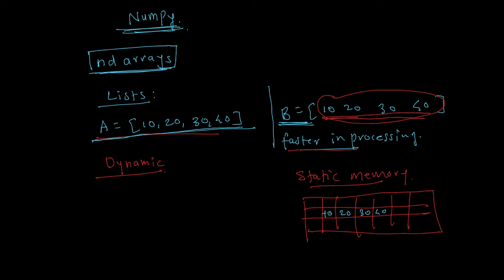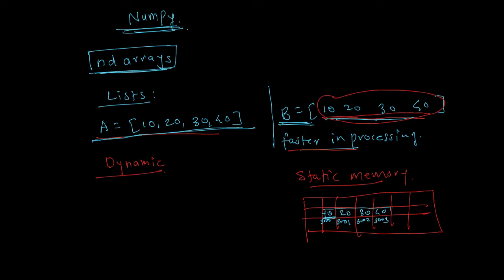If this memory location is, let's say, 3000, and in order to store this data we require, for example, only 1 byte. It will probably require more than that, but let's say 1 byte. So if this is location 3000, this will be 3001, this will be 3002, this will be 3003. So the data of this NumPy array is stored in contiguous memory locations.